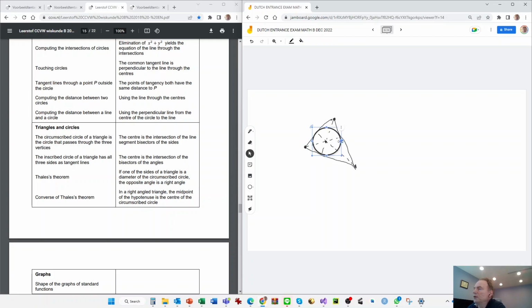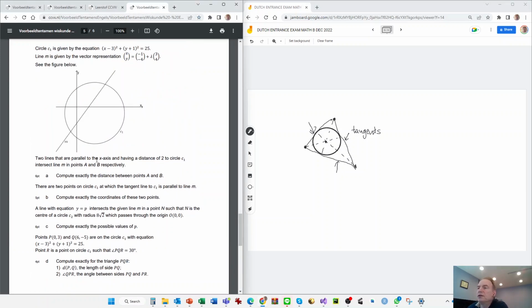It's something like this, and that other one is saying that these sides are all tangents to the circle, and that's for all the sides. Anyway, that is not related to this question.